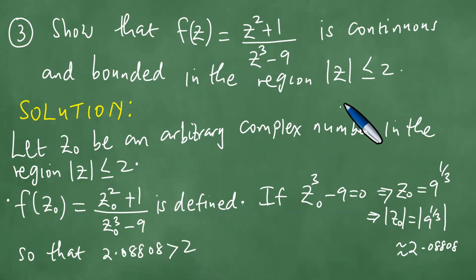It is bigger than 2. So in other words, this denominator is 0 outside this region. And since it's bigger than 2, the conclusion is therefore that this is defined in the region. It reinforces that.